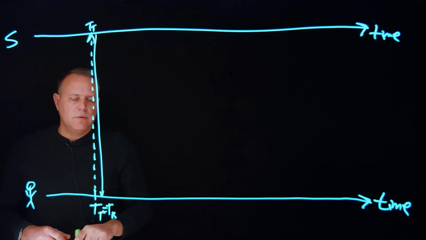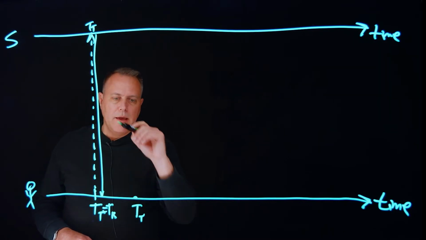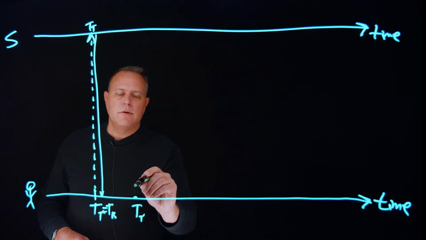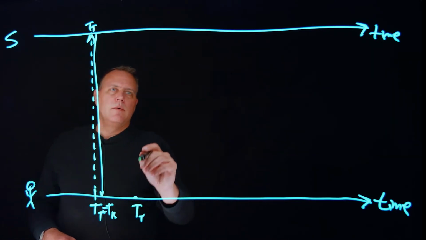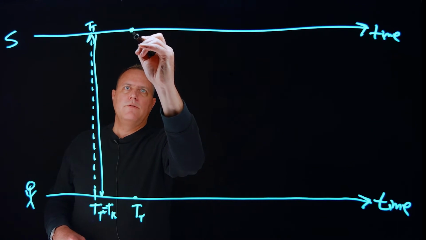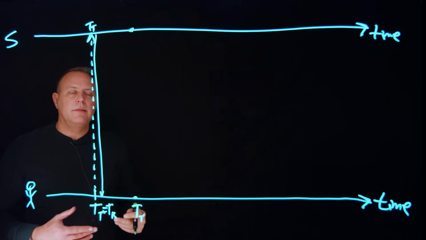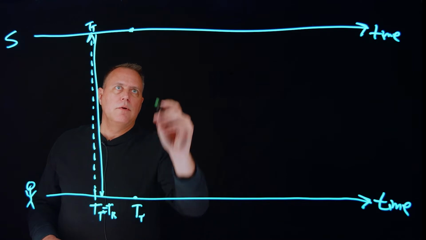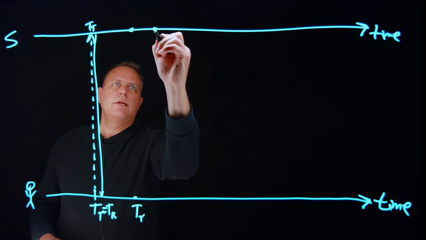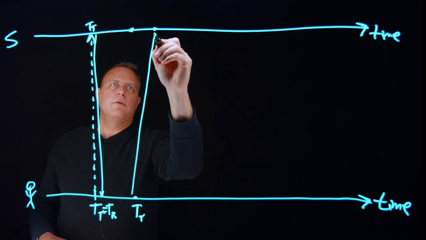But that's not real. What really happens is this. I'm going to transmit again, time of transmit right here. And instead of the signal hitting my spacecraft at exactly the same time, my spacecraft was here at time of transmit, but because light takes a certain amount of time to get to the spacecraft, the spacecraft is actually right here at the time the signal is received by the spacecraft.